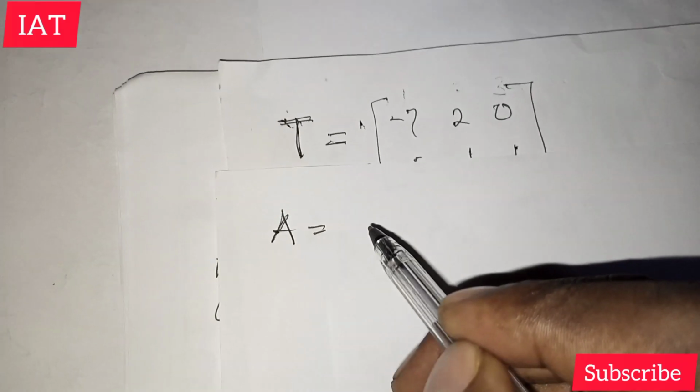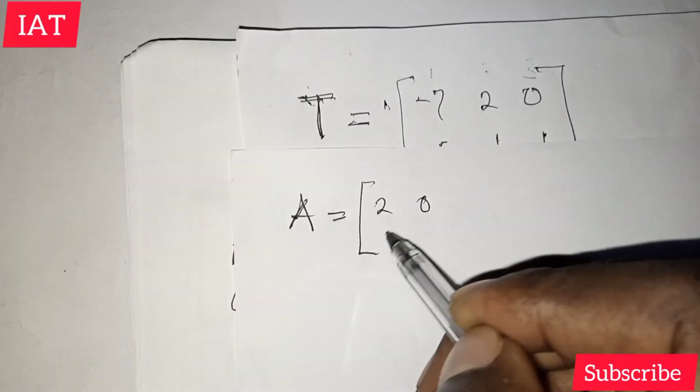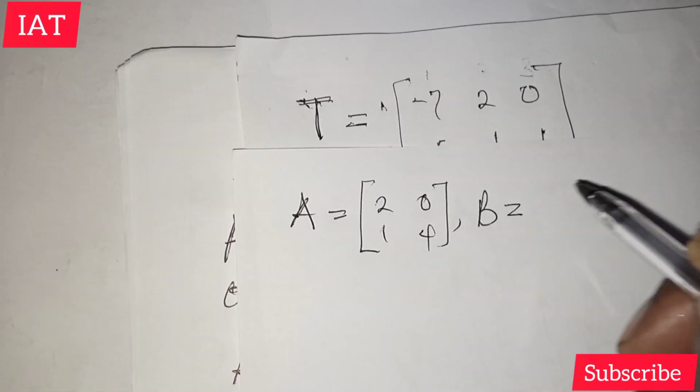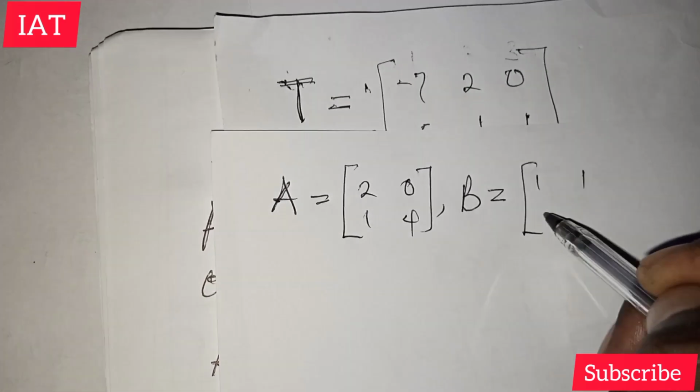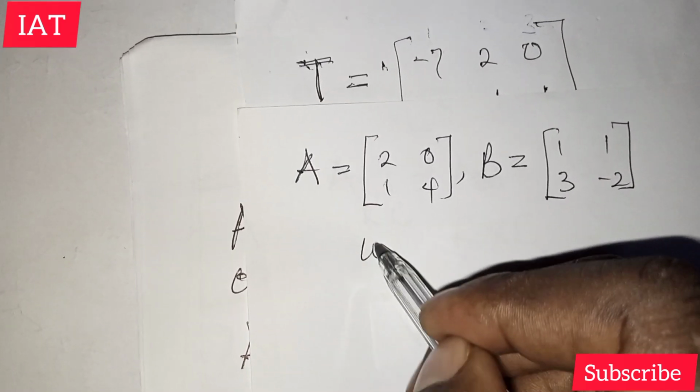For example, if I have matrix A to be equal to 2, 0, 1, 4, and matrix B equals 1, 1, 3, minus 2, what is A plus B?